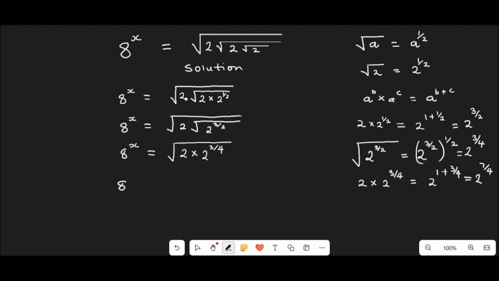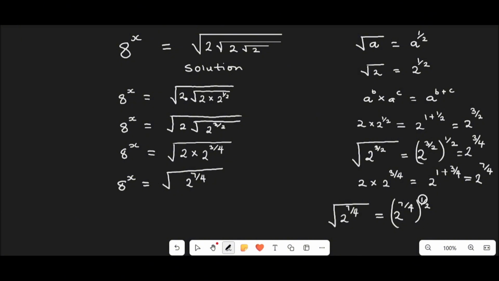8 raised to power x equal to square root of 2 raised to power 7 over 4. Again, let us apply this principle for this expression. Square root of 2 raised to power 7 over 4 is equal to 2 raised to power 7 over 4, all raised to power half.